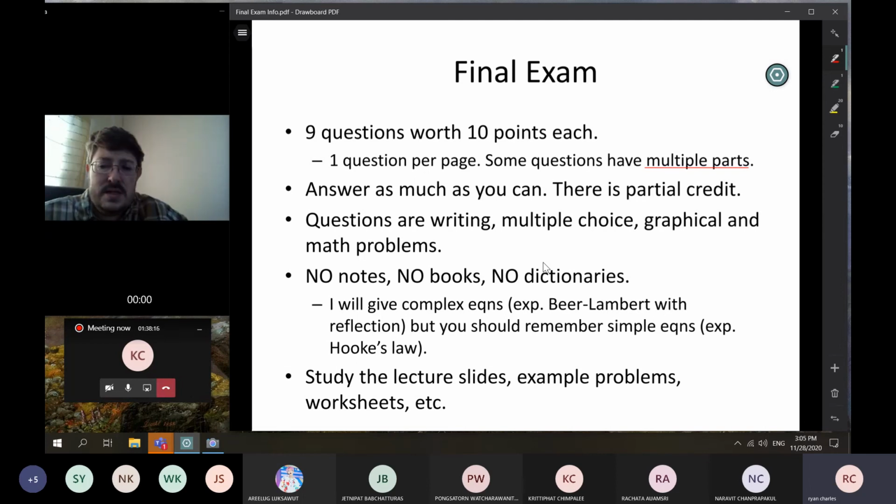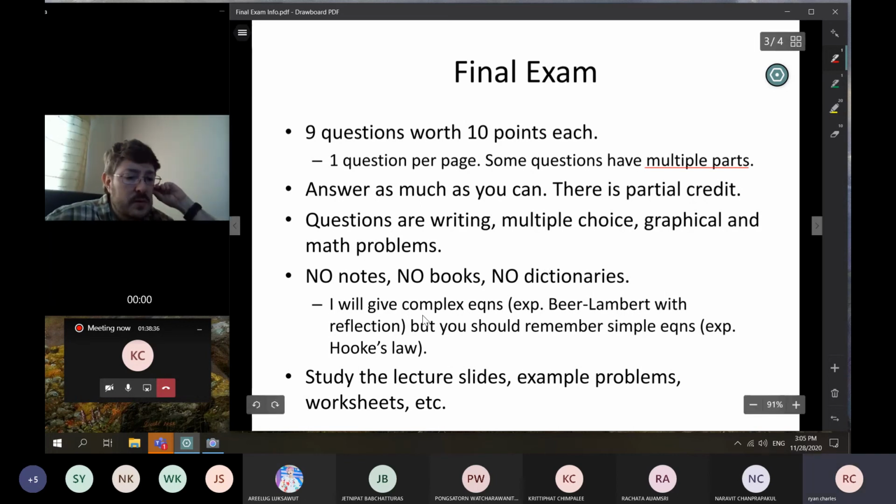It's whatever's in your head. Now, while I was talking, somebody asked me a question. Who was that? Do you give the formula on the calculation part, or do I have to remember it? I will give you a complex equation, something like the Beer-Lambert law with reflection.